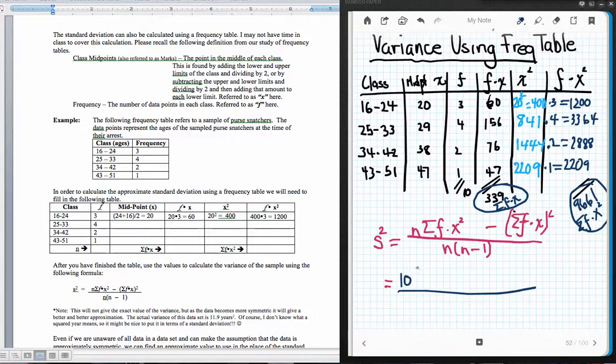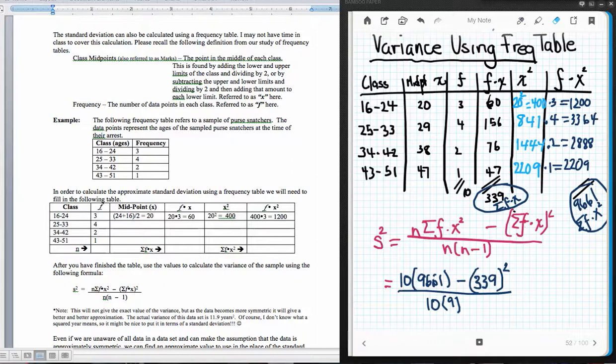Then I'm going to put in the sum of the f times x squared, which is 9,661, minus the sum of the f times x, quantity squared. So that's 339, and once I put that value in, I square it, and then divide by 10 times 9. Finally, I'm going to subtract this minus this to get that value, and then divide by 90.